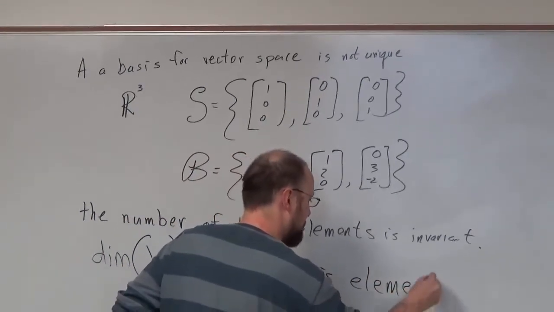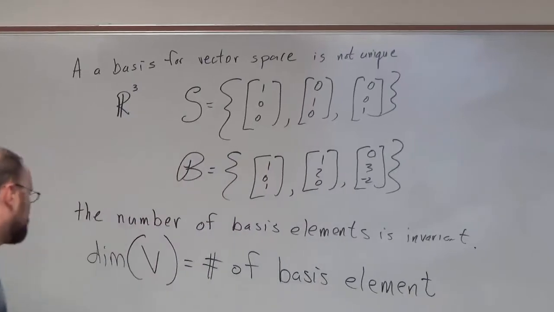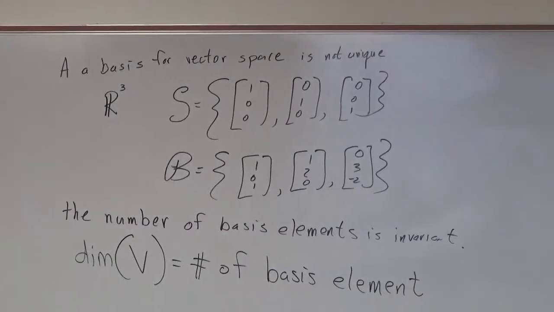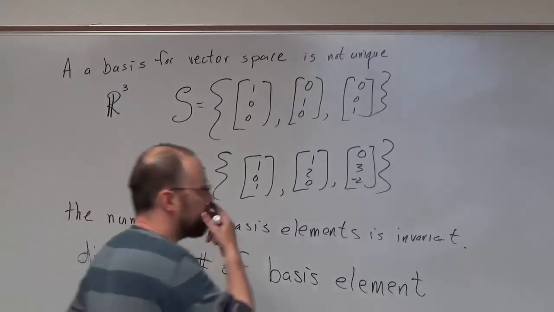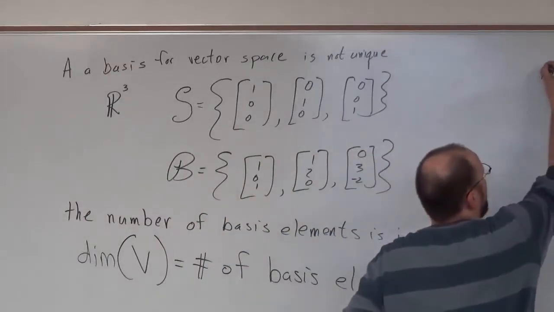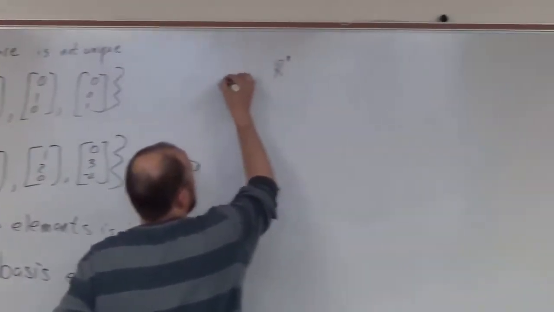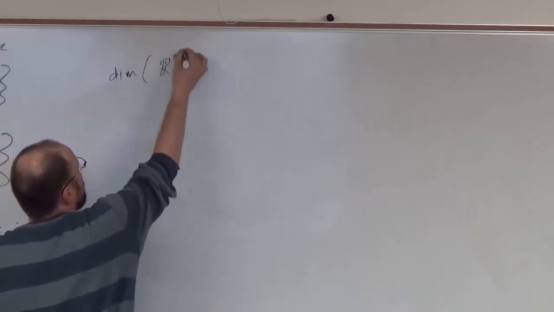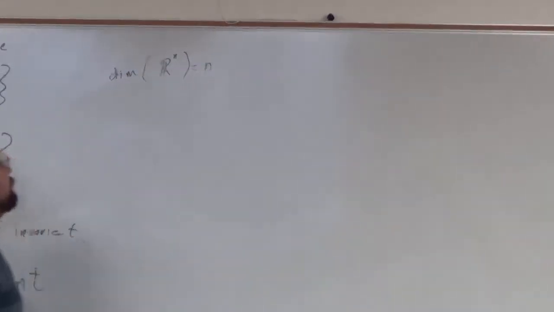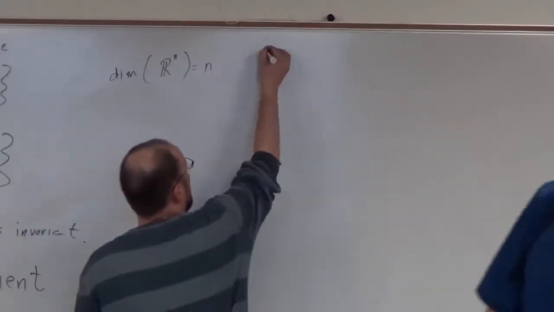It's always the same, right? It's invariant. So if you take Rn, the dimension is n. These are just some examples, right? We have n entries. You can always think of a basis consisting of elementary columns.